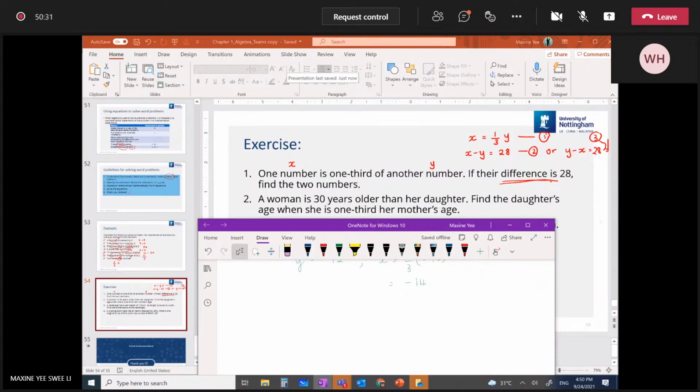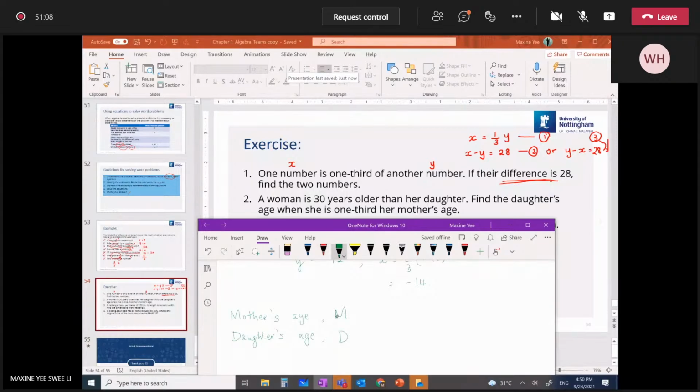So you can say the mother's age, I'll use the symbol M. The daughter's age, I'll use the symbol D.